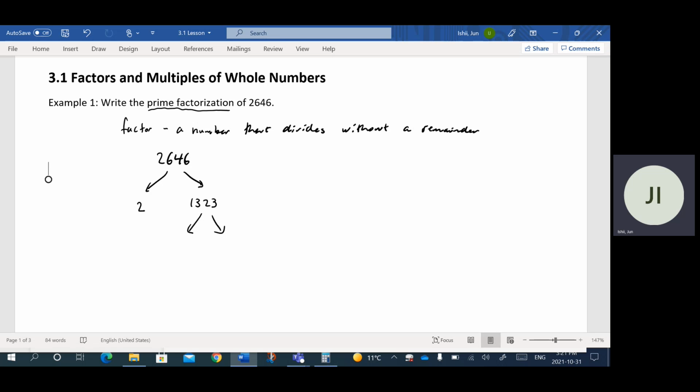You guys might not know this, but to check whether a number is divisible by 3, and this is kind of a trick, you can add the digits of the number together. So in this case, I'm going to take 1 plus 3 plus 2 plus 3. That's 4 plus 2 is 6, plus 3 is 9.